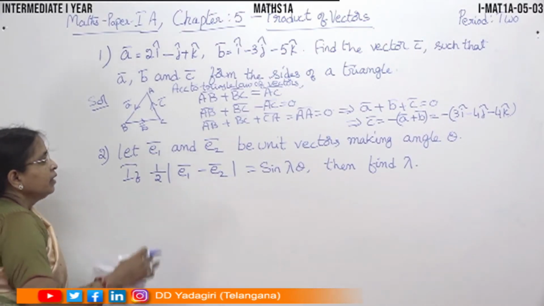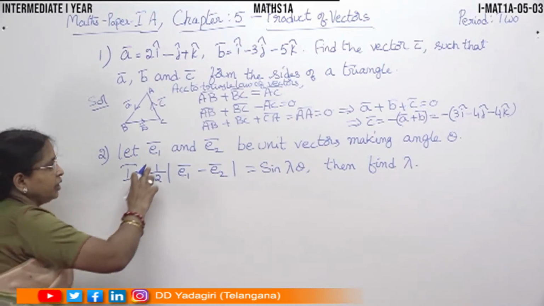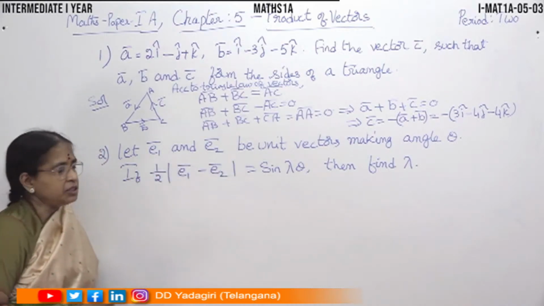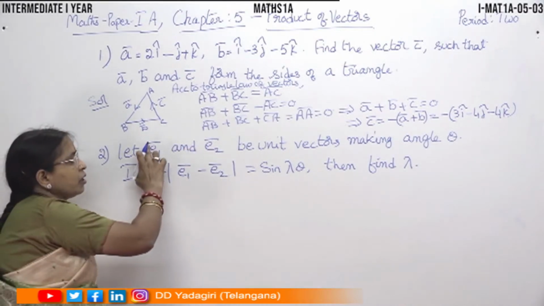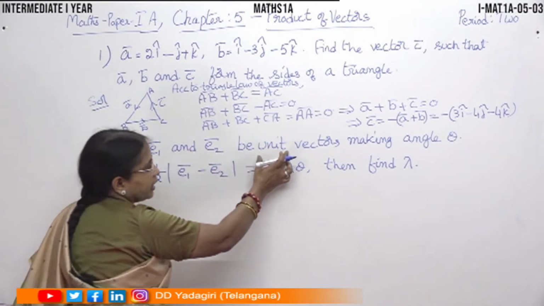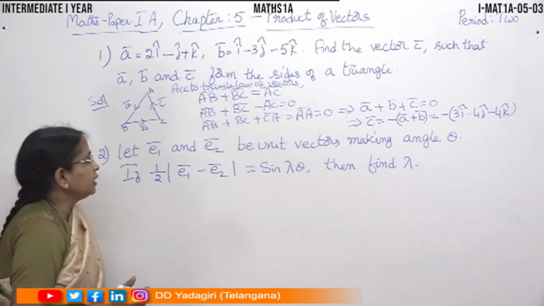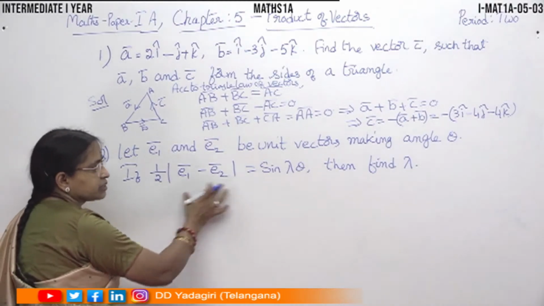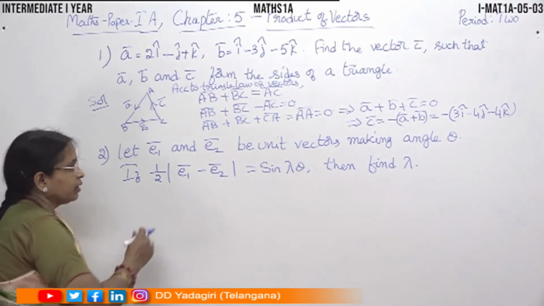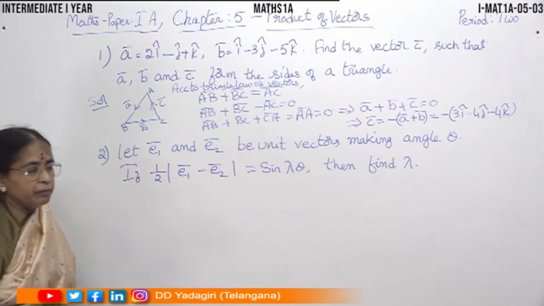Okay, next problem. E1, E2 are unit vectors. Generally we write unit vectors by cap. If cap is not written, we should still treat them as unit vectors. So E1 and E2 are unit vectors making angle theta, and they are satisfying this condition, we should find lambda. This problem is again very important.